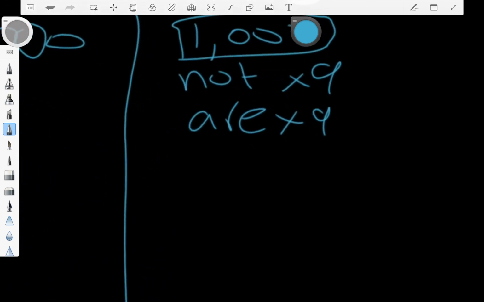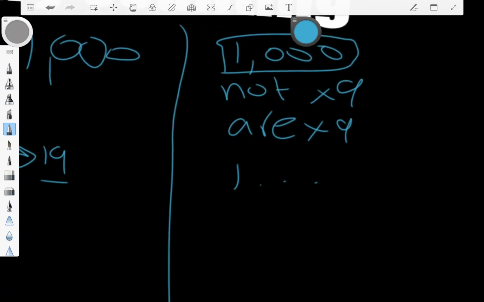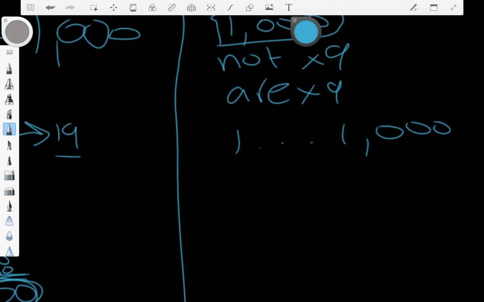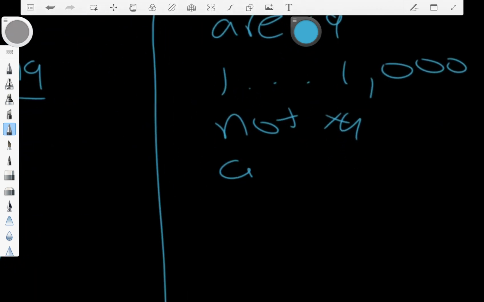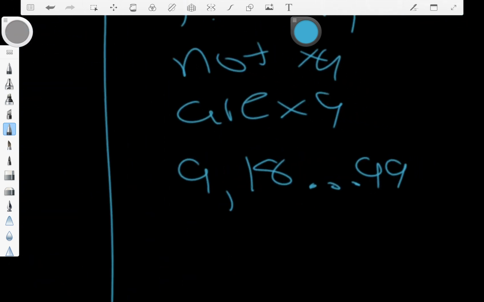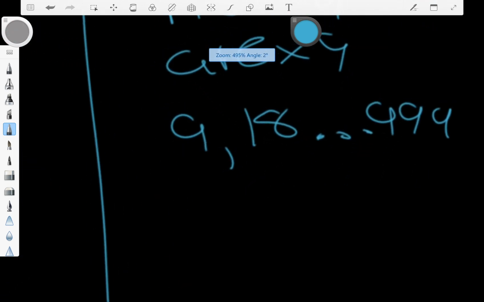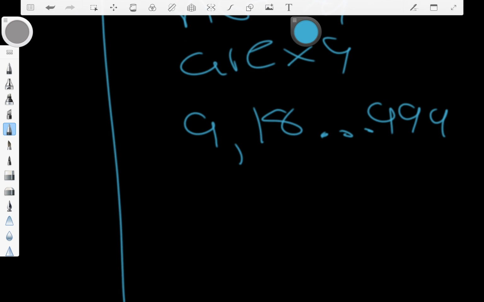It's very useful in probability, and this is a good way to give you an introduction, I suppose. So, you know what? Let's do this problem. Let's say you have the numbers 1 up to 1,000. This is where counting lists comes in handy. How many are not multiples of 9, right? Let's count. How many are multiples of 9? Well, we start with 9, we go to 18, all the way up to 999. Once again, we use our counting list trick here of dividing by 9, because that doesn't change the number of terms.